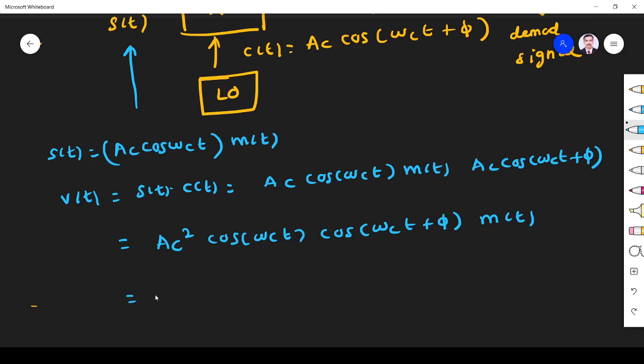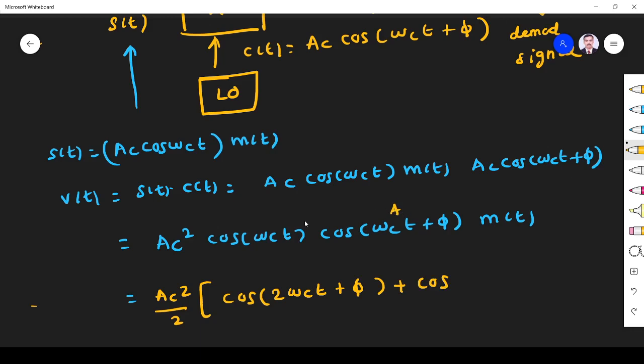If we simplify, A_C squared we keep outside. This is in cos A cos B format, so when you multiply it gives 1 by 2 of cos(A plus B), that is cos(2 omega_c t plus phi), plus cos(A minus B).